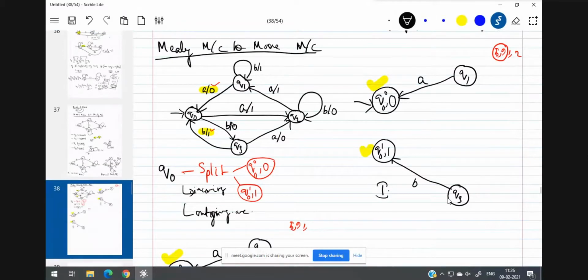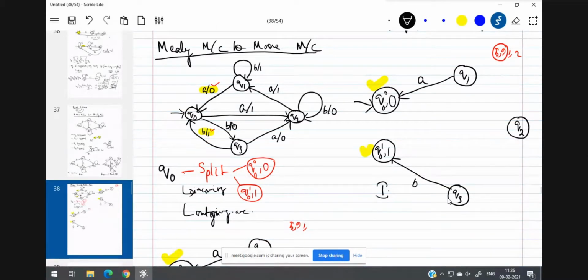Now we have split Q0 into two states. So let me draw a state here, Q2, Q0. This one is part of this.